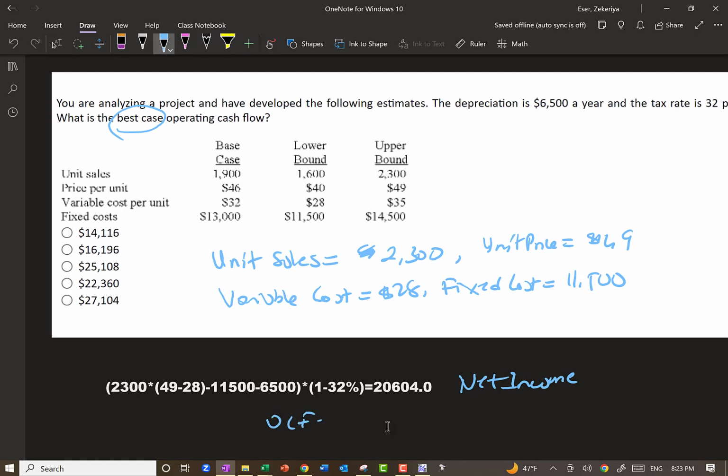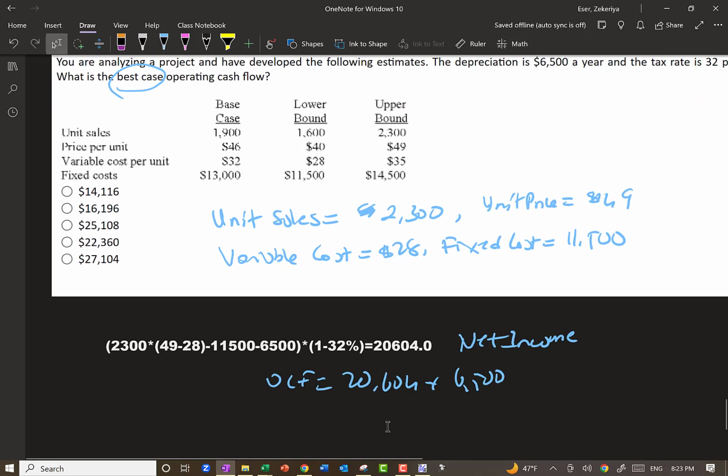So OCF is going to be 2604 plus 6500, which means 27,104. I like this exercise because it tells you how to figure out the numbers for the best case. Obviously, if you were doing worst case, for sales and price, we would use the lower numbers. For costs, we would use the higher numbers.